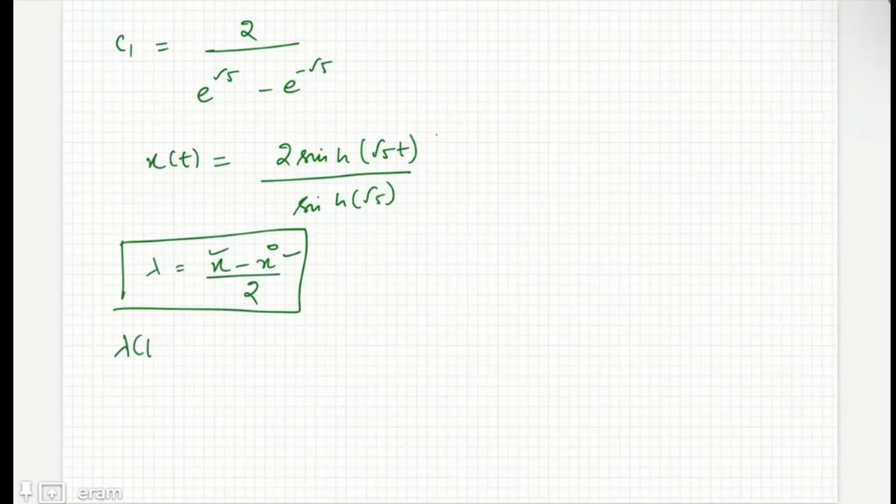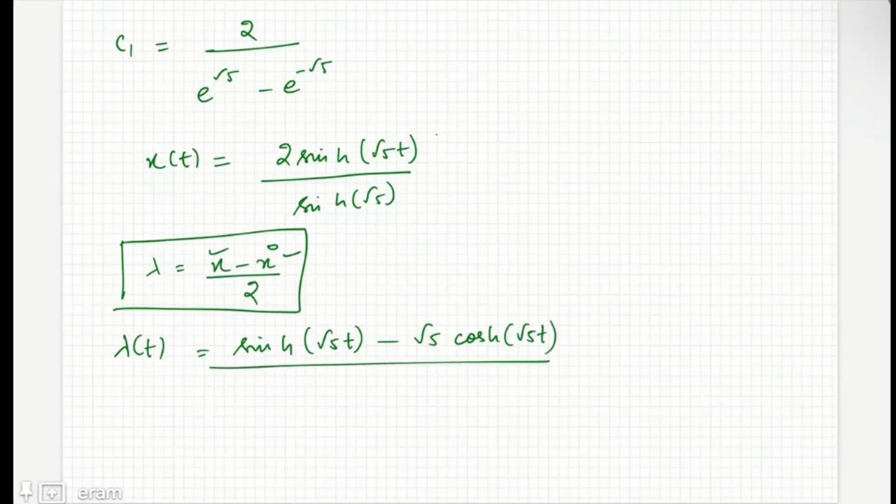So lambda, when we calculate, will be sinh(root 5 t) minus root 5 cosh(root 5 t), divided by sinh(root 5). And u, the final expression for u, will be nothing but minus lambda(t).